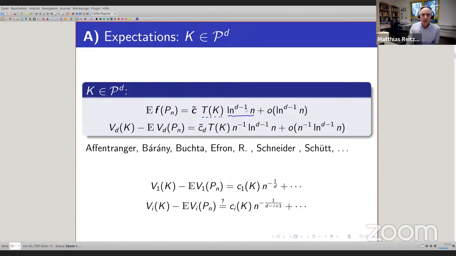So what you're doing, if you want to define T(K), you have a polytope. So this is the mother polytope here. And what you do is you start with an arbitrary vertex. So for example, you start with this vertex, then you continue with an arbitrary edge.